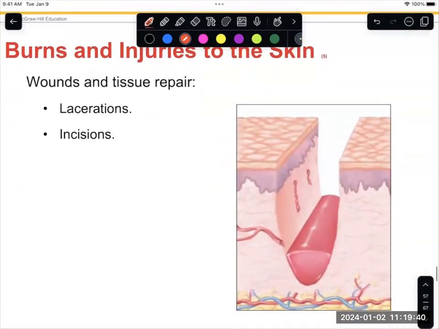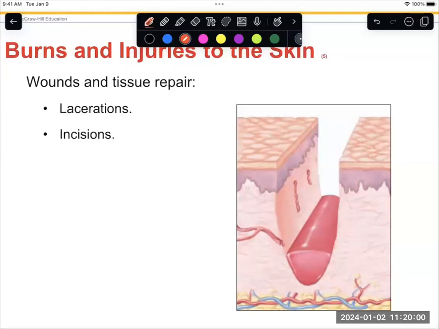So a laceration versus an incision. A superficial laceration, like a shaving cut, those epithelial cells along the edges divide and rapidly fill in the gap to heal it.